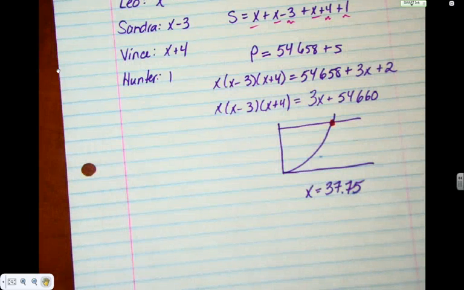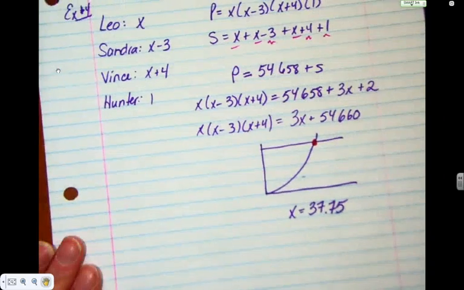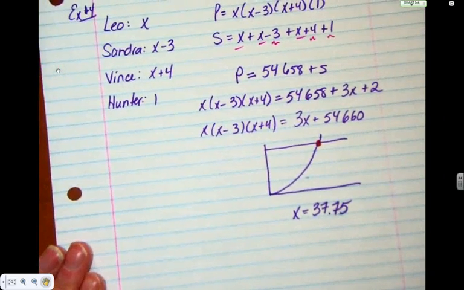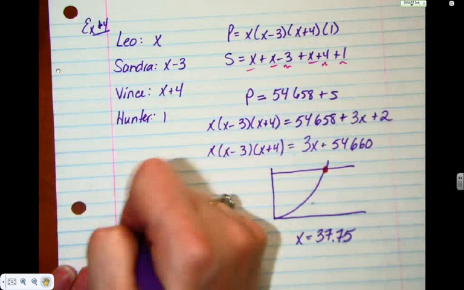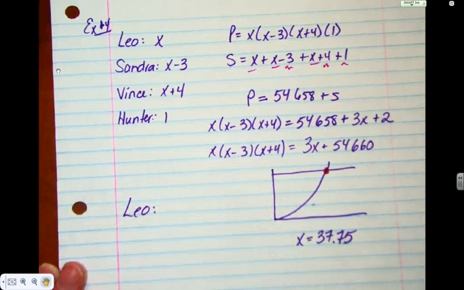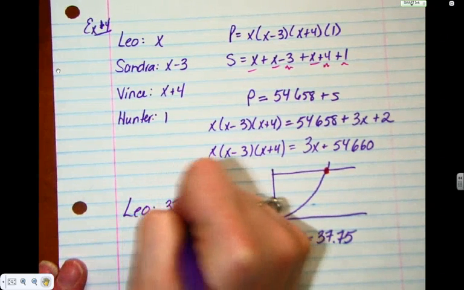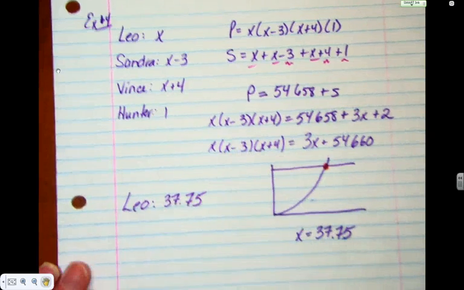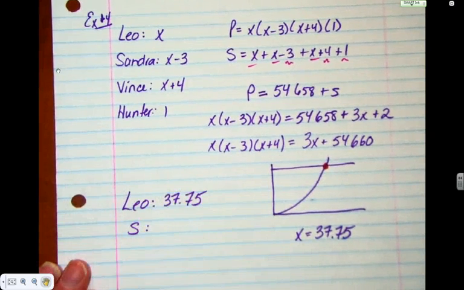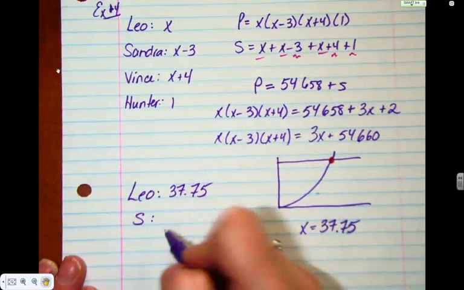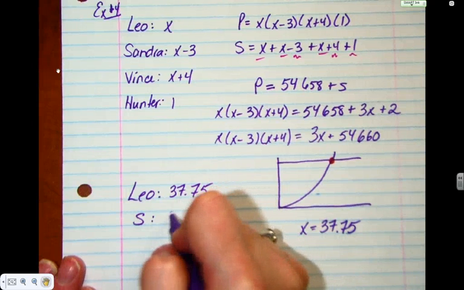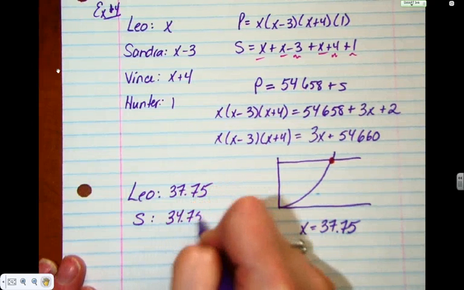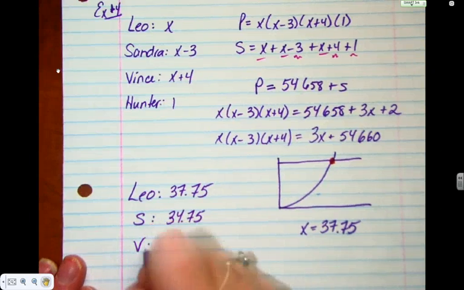Are we done the question? No. What did the question actually ask us for? How old is everyone? So how old is Leo? Let's start with him. What about Sandra? What about Vince?